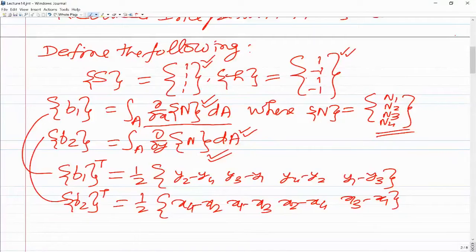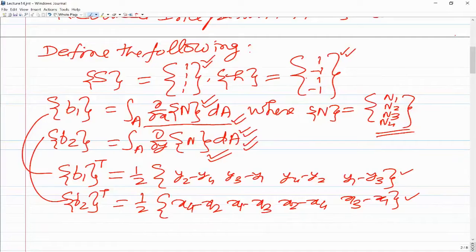If you do this calculation, you will find it comes out in this form directly. There is no conversion in between. It's straightforward: if you carry out this differentiation and then integration, with dA written as determinant of J into d xi d eta, you will directly get b1 and b2 in this form, the way I have written.